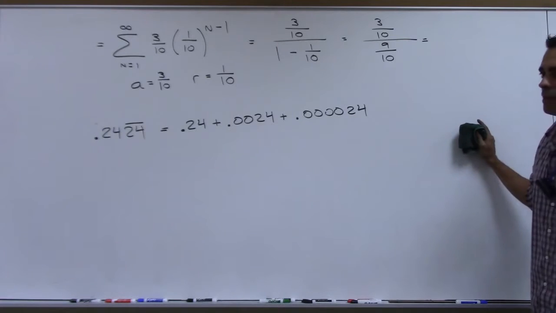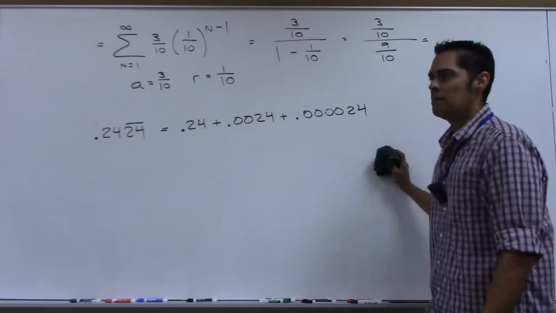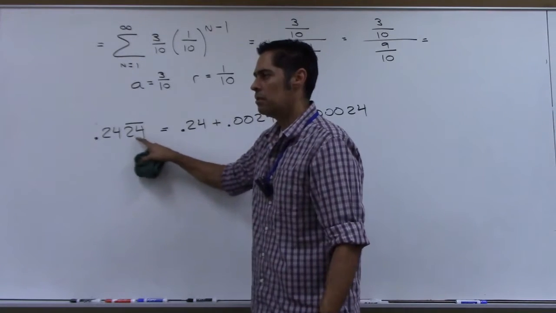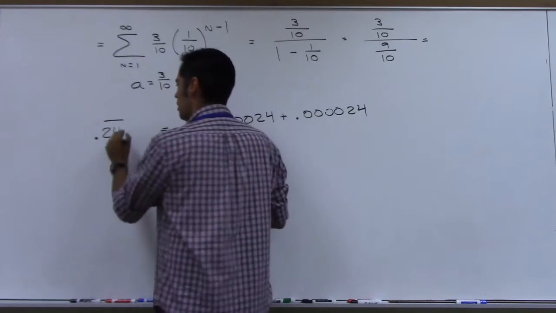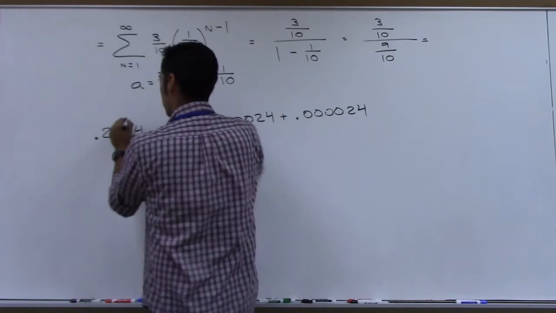Because the 2 and 4 repeating, it's your 2 decimal places. That's right. The bar goes over both 2, 4. I could have just written this, but just to show you the pattern, the 2, 4, I wrote it like that.